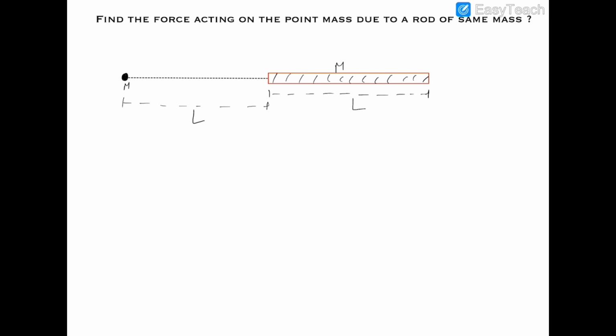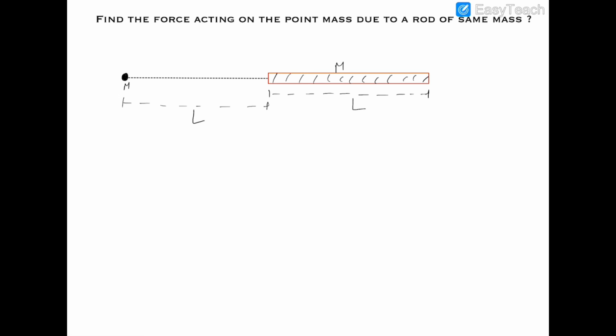So we must notice a very important thing, that Newton's law of gravitation is only valid for point masses, but this is an extended mass, so we cannot directly apply Newton's law of gravitation to this rod.